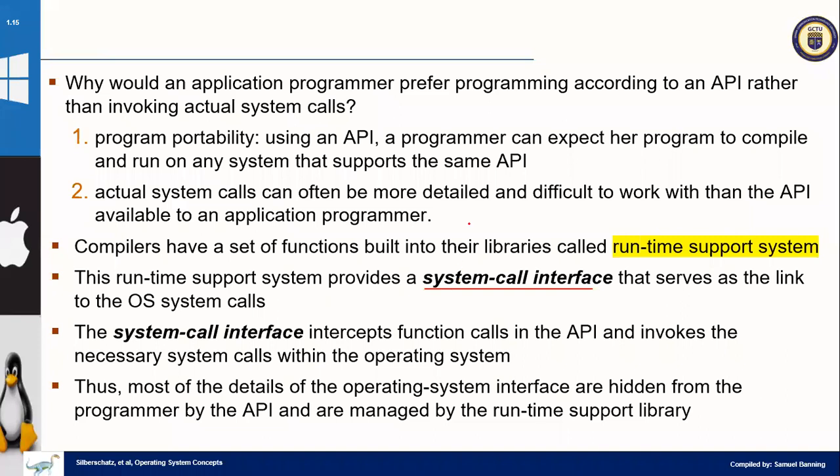So the compiler has some runtime environment. This runtime environment understands and can make appropriate calls to the operating system using its system call interface. If you compile a program and your program requires Win32, your compiler has that system call interface that will be used to call the Win32.